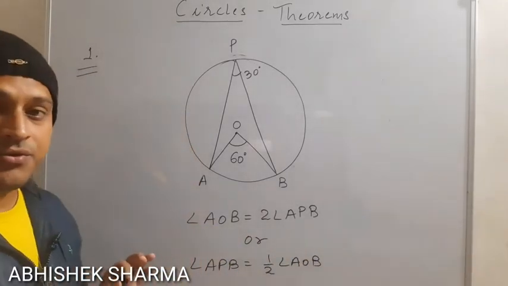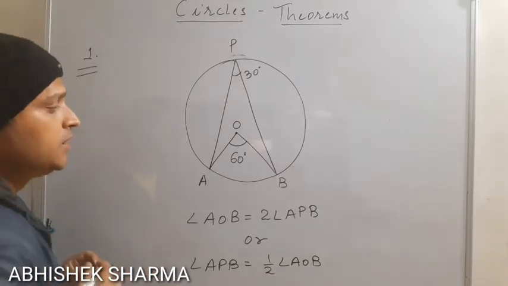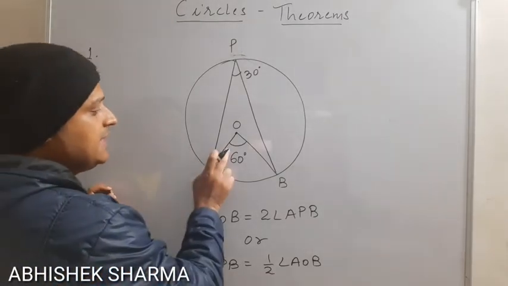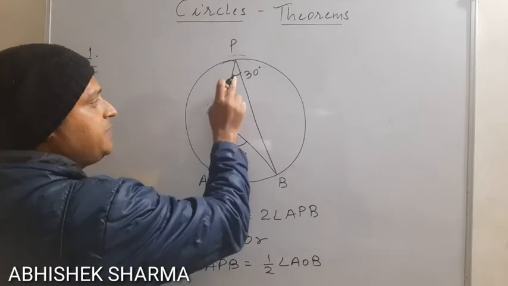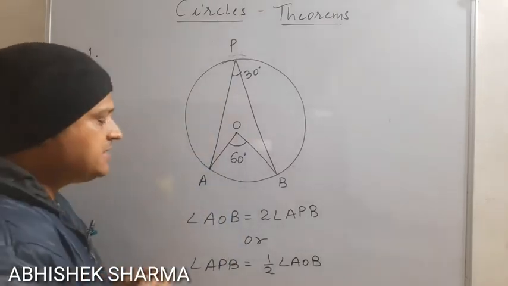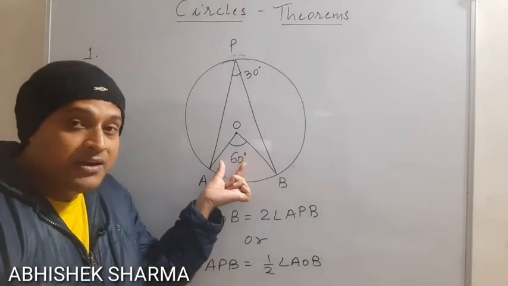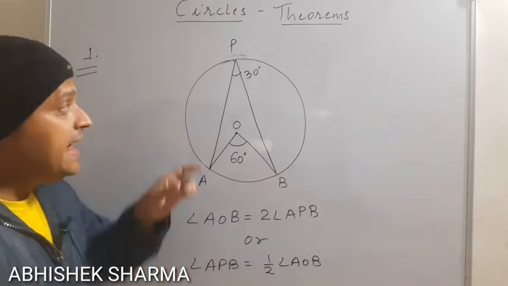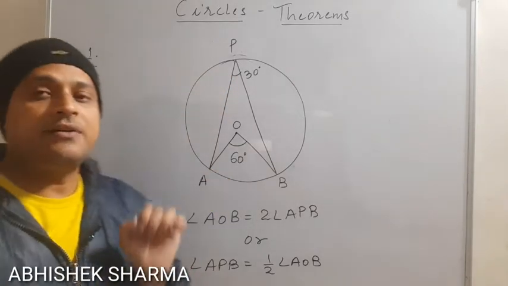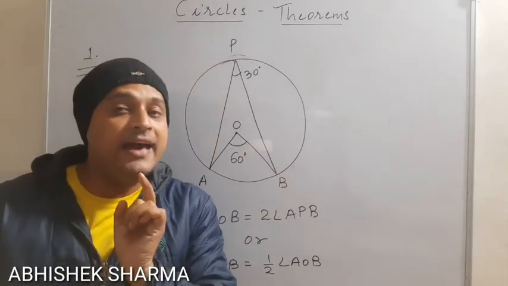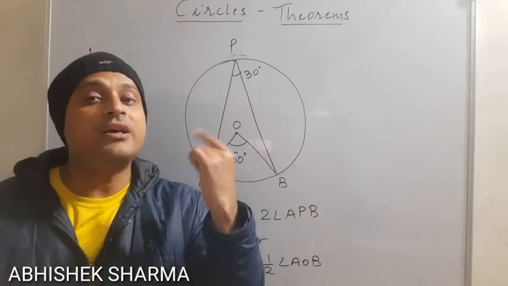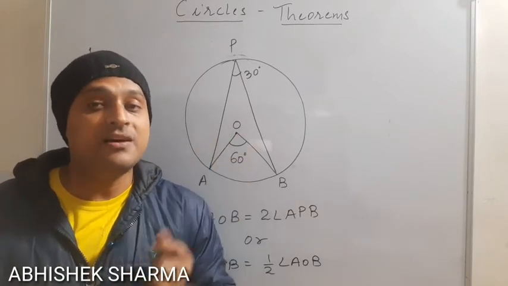I think it is clear to you. Let us continue. If this angle is 60 degrees, then that angle will be 30 degrees, because this angle is forming at the center and that angle is forming at the circumference. So the angle forming at the center is twice the angle forming at the circumference.